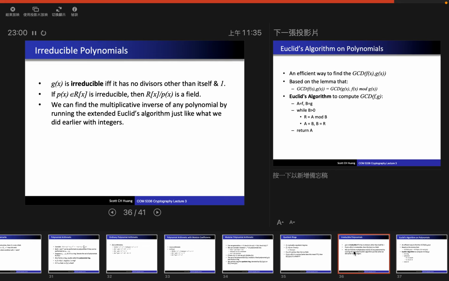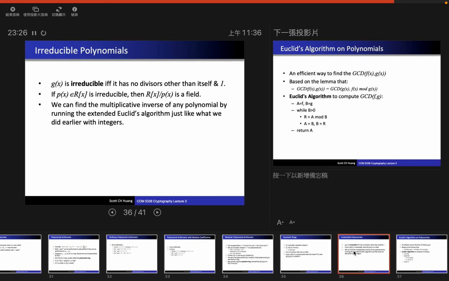So only 4 polynomials. Let's write them all out. So this is either x or x plus 1. Let's see, x times x is equal to x squared. Obviously, it's not this.